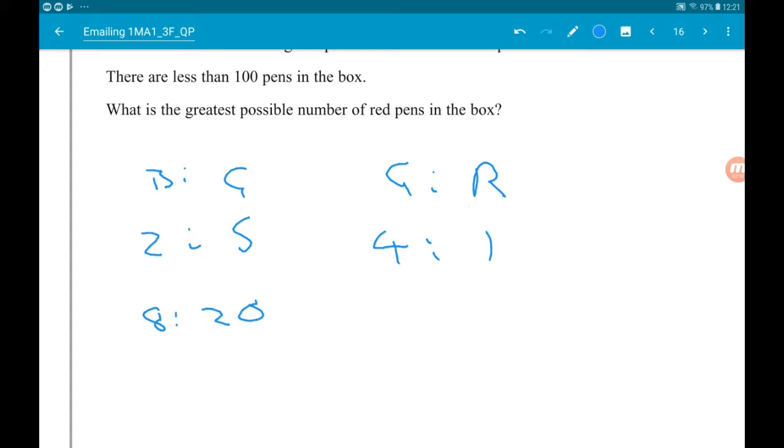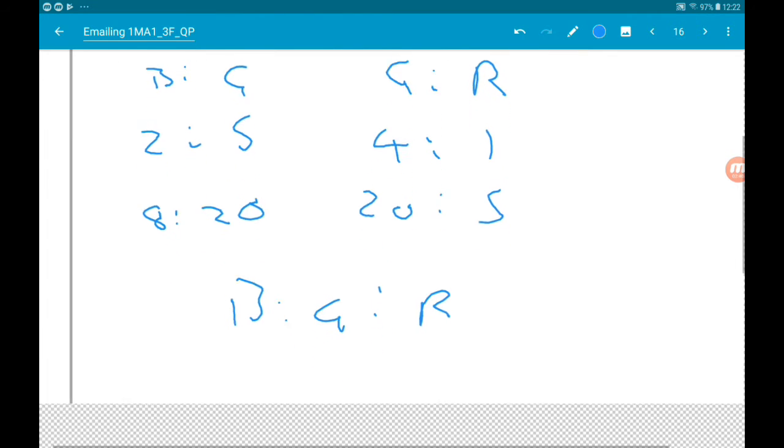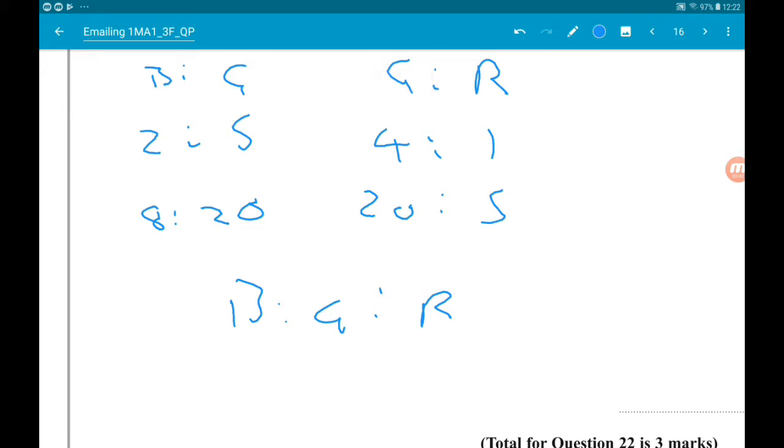So that's going to be 20 to 5. So, what this now tells us is for every 20 green pens, there are 8 blue and 5 red. So, as a single ratio, blue to green to red, we have 8 to 20 to 5.